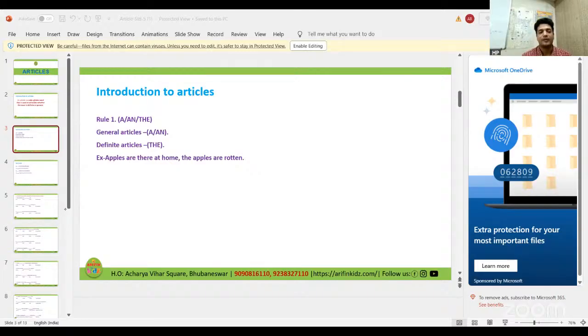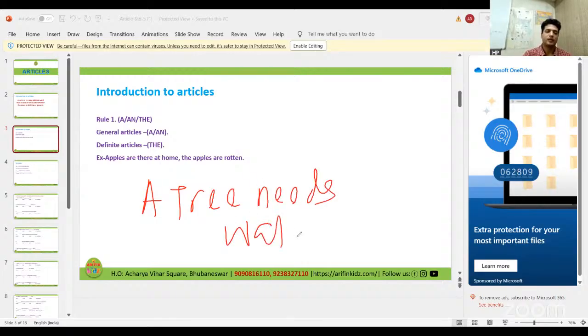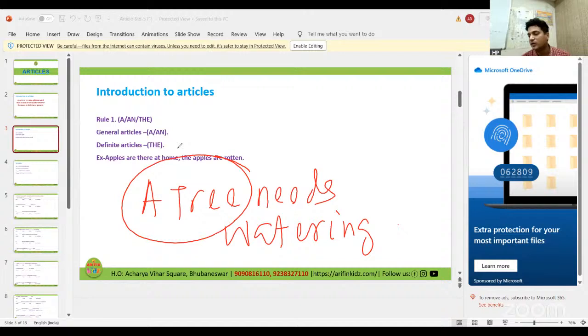I'll explain it again. A tree needs watering, right? So it is a general sentence, so it can be any tree.